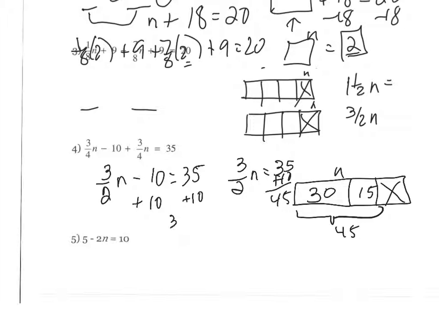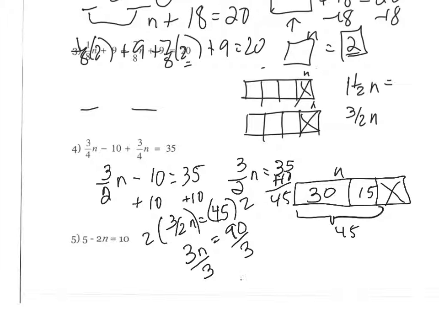So you go from having 3 halves n equals 45, and the other way you could solve it is to multiply everything by 2, so I'll just double everything. So now I have 6 halves n, which is like 3n, equals 90, and I divide by 3, and I get n equals 30.